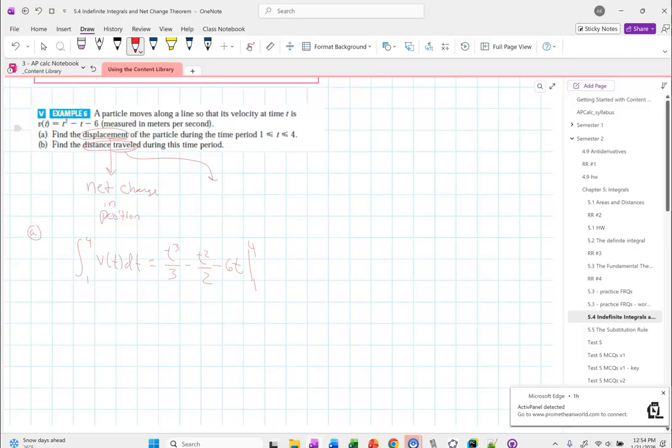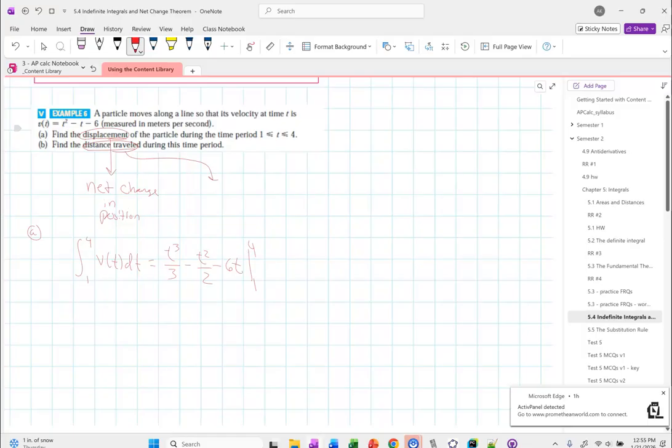So the total distance traveled will always be greater than or equal to your net change in position. When is it going to be equal? If you're only moving in one direction, always moving forward, your net change in position will equal your total distance traveled. But if at any point you change direction, like you turn around and come back the way you came, you're going to have more distance traveled than change in position, right?